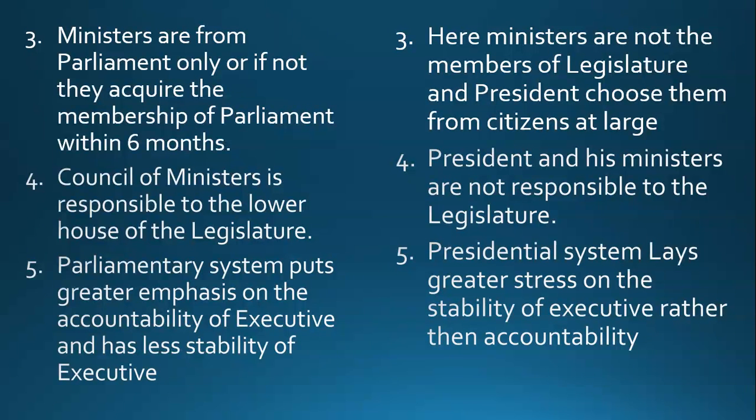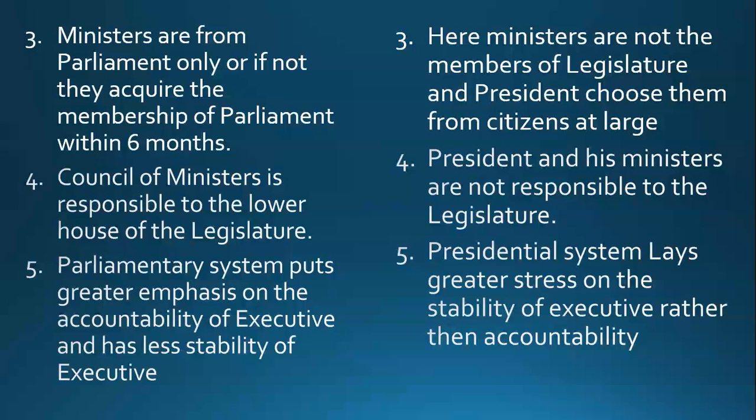Either he should be a member of Lok Sabha or a member of Rajya Sabha. Okay, and if he is not a member of Lok Sabha or Rajya Sabha, then he has to acquire the membership of Lok Sabha or Rajya Sabha within 6 months. Otherwise, he has to resign from the post of minister.